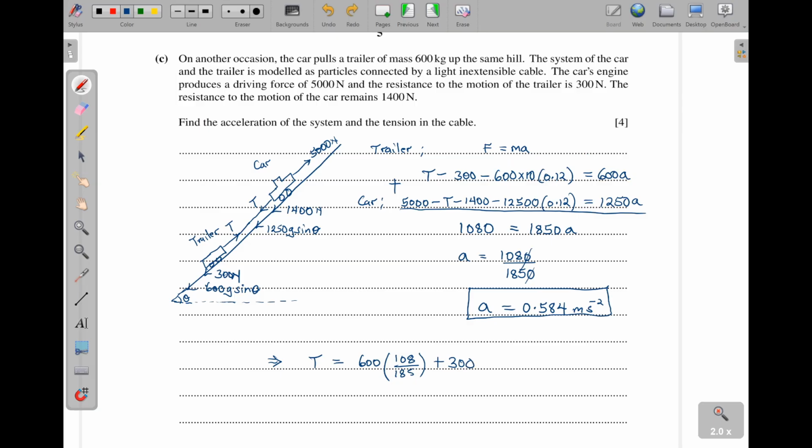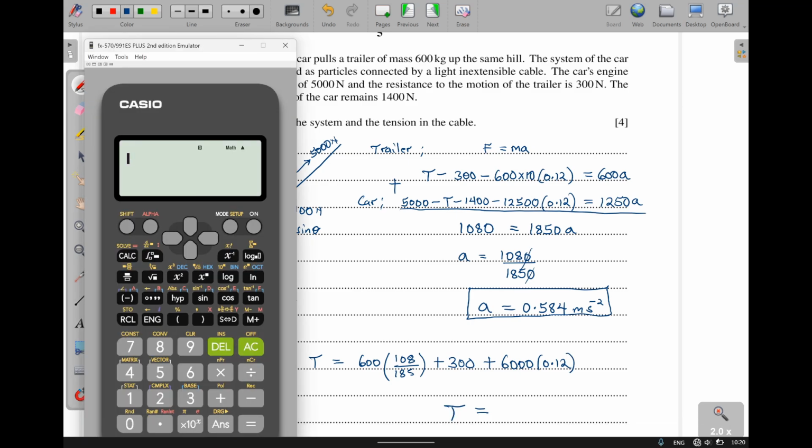So the tension is 600 into 108 over 185, plus 300, plus 6,000 into 0.12.